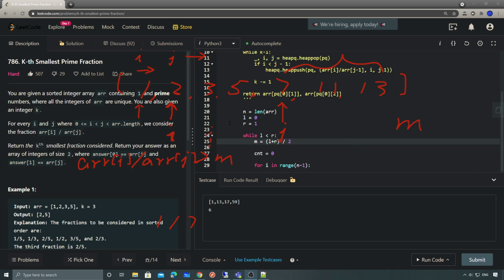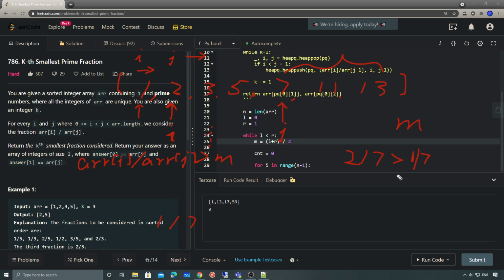This is because we know 1 divided by 7 is smaller than M, which means that 2 divided by 7 is greater than 1 divided by 7.